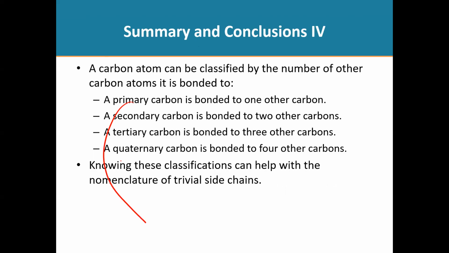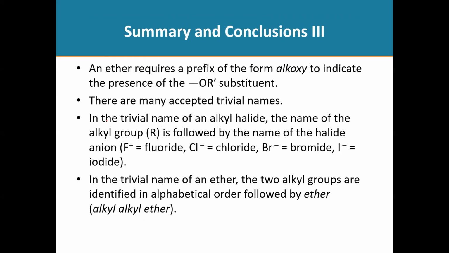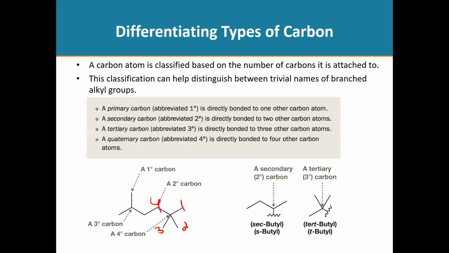Secondary would have 2, tertiary would have 3, and quaternary would have 4. And I think a really good example, it's not letting me erase, a really good example of that would be this right here. This group right here gives you a really good example of looking at primary, secondary, tertiary, and quaternary.